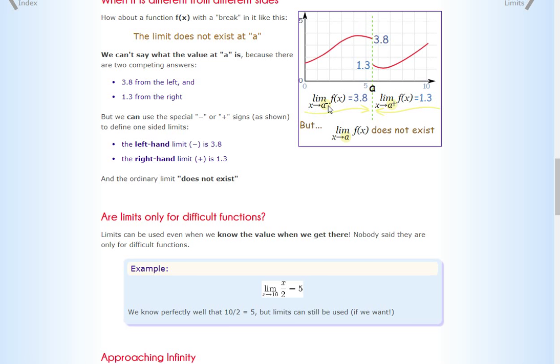So you can write down limit, x goes to a with the negative exponent there. What that means is you're finding the limit as it approaches from the left.